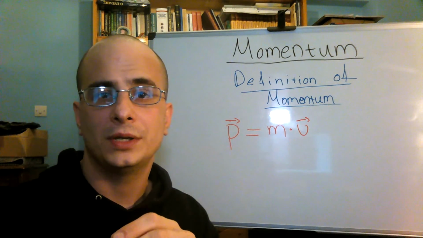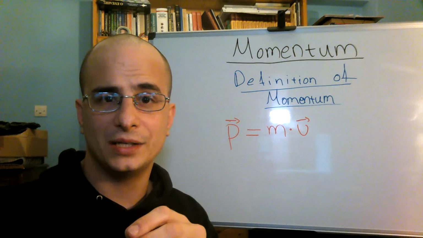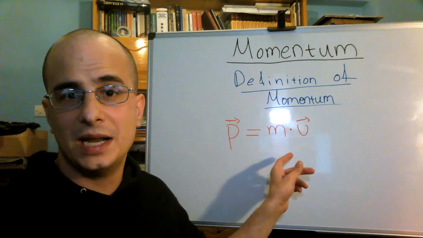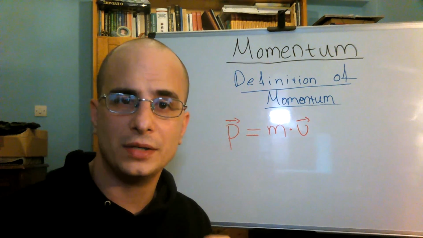Since momentum is a vector quantity, it has a magnitude, the product of mass and the magnitude of velocity, and a direction, the direction of velocity.